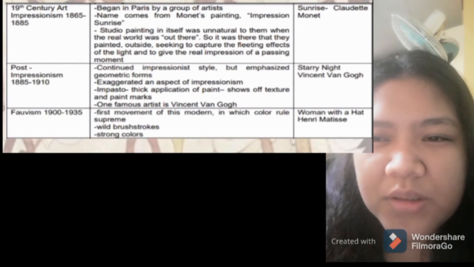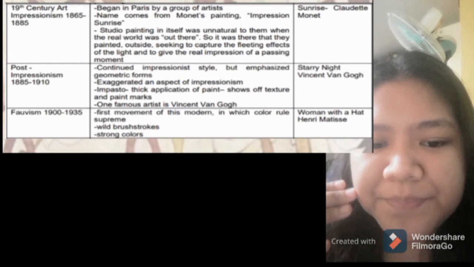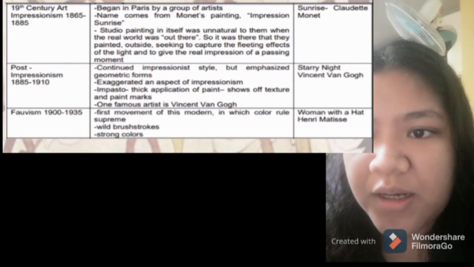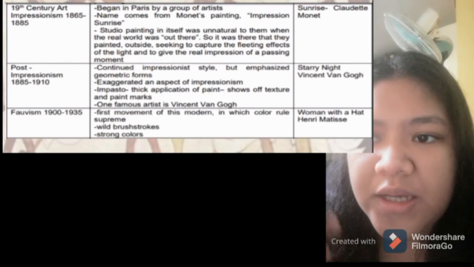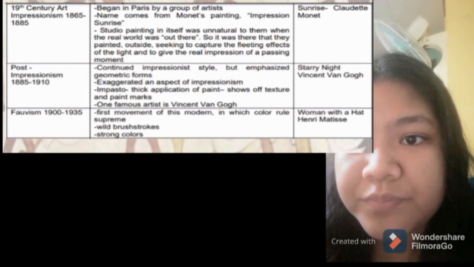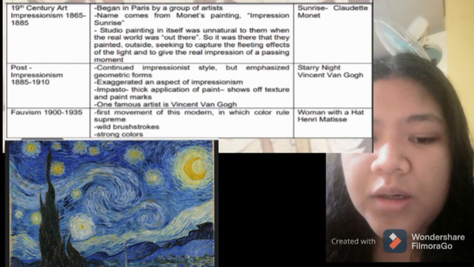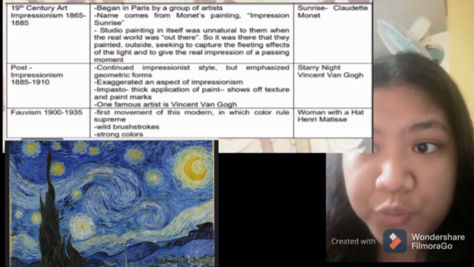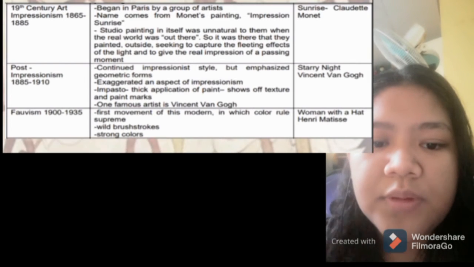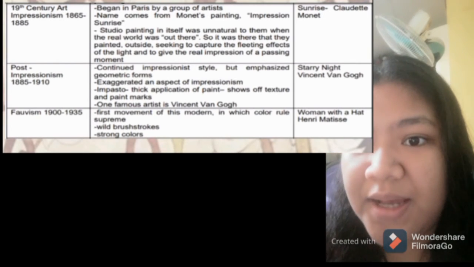Parang mas binigyan buhay. Mas binigyan ng exaggeration of aspect of Impressionism. So, ang example po nito ay Starry Night nga po ni Vincent van Gogh na wag po sana natin kakalimutan.